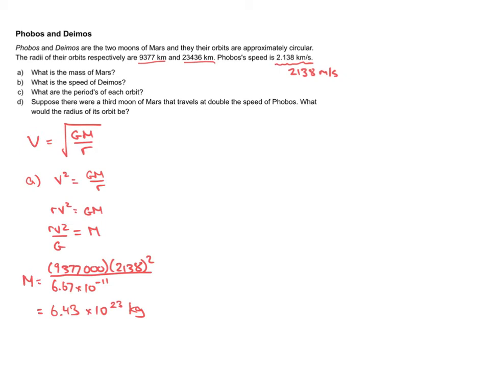Part B, what is the speed of Deimos? So the other moon. I can use the same equation, and now that I know the mass, I can just plug it in. So I'm just going to go ahead and fill in the numbers straight away to get the speed of Deimos.